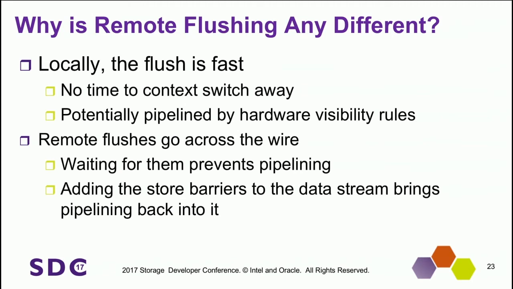So locally, it's quite fast. But the point of flushing remotely is to go over a network to another failure domain, and this is mediated by software, not by hardware instructions. So the CPU superscalar pipelining doesn't offer you any parallelism. Right?